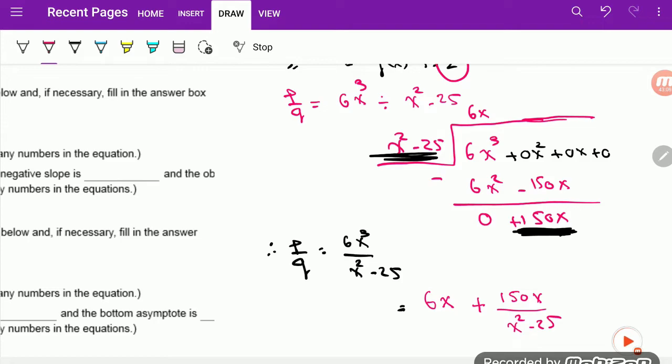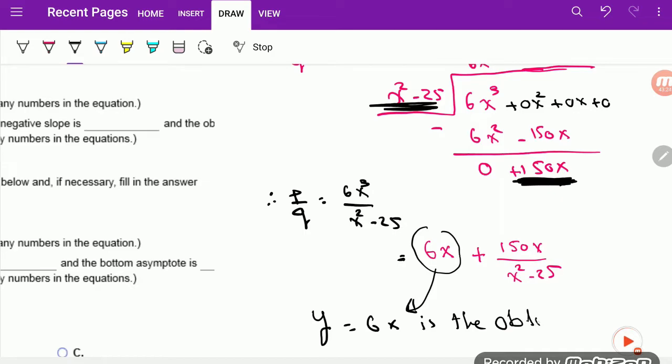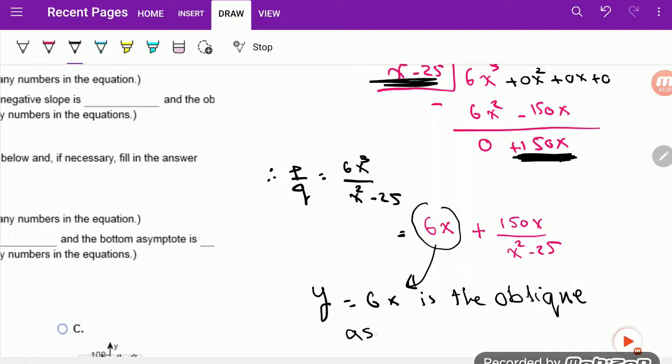So this is the answer. Yes, we found it. The oblique asymptote is the quotient. y equals 6x is the oblique asymptote.